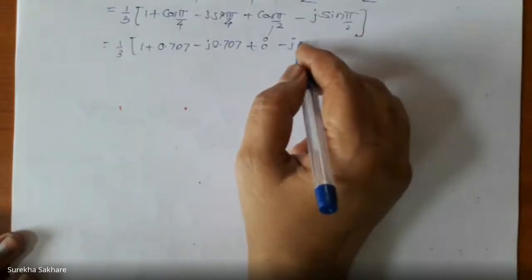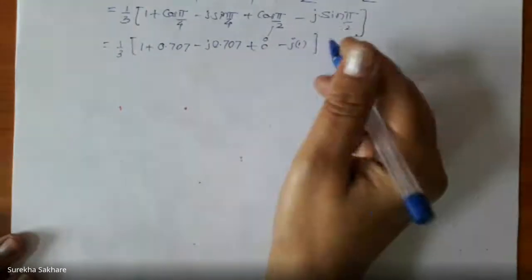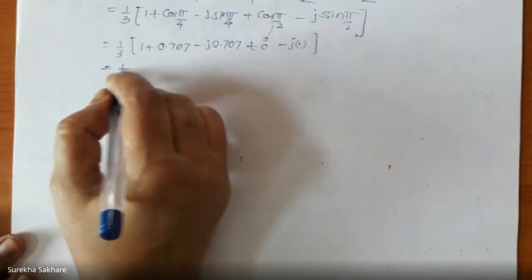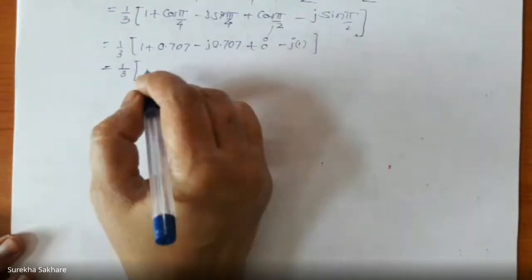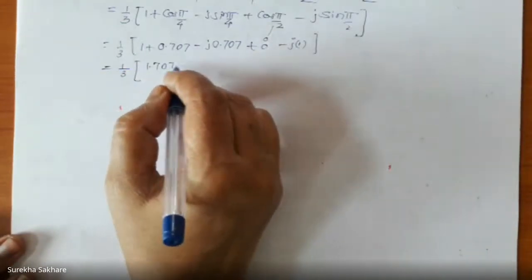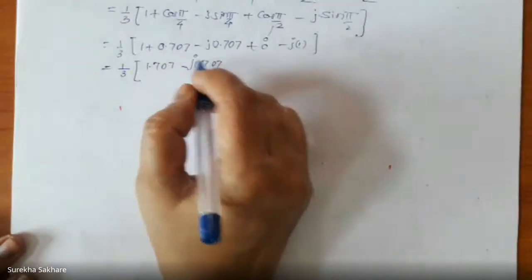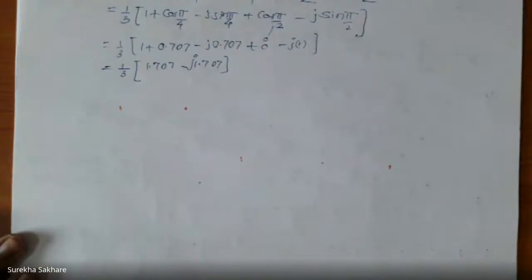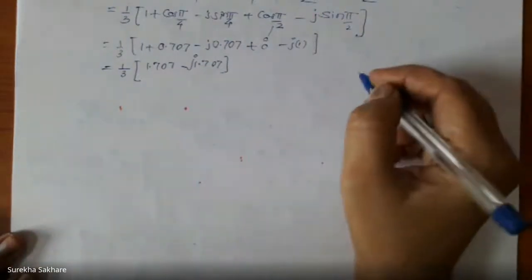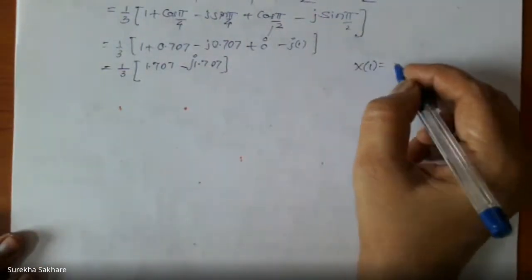So we will simplify this, take the real term together. 1.707 minus 1.707j. So I'm having x1. I will make it here as 1.33. It becomes a division.